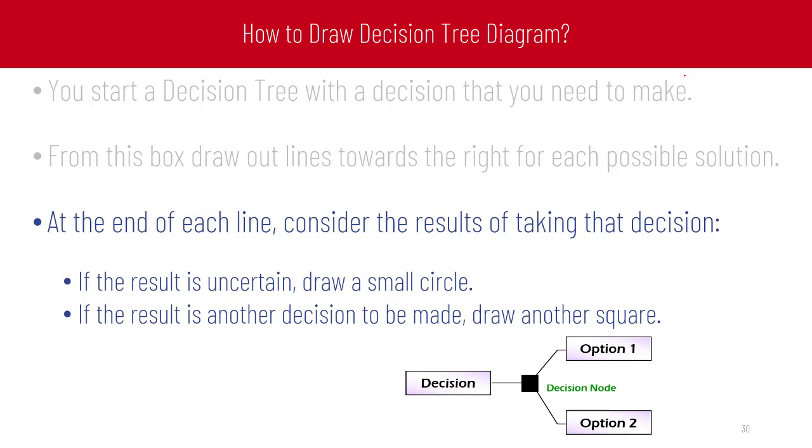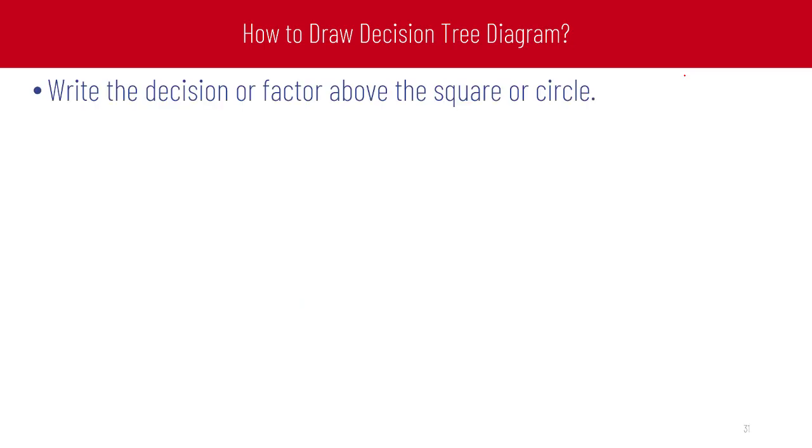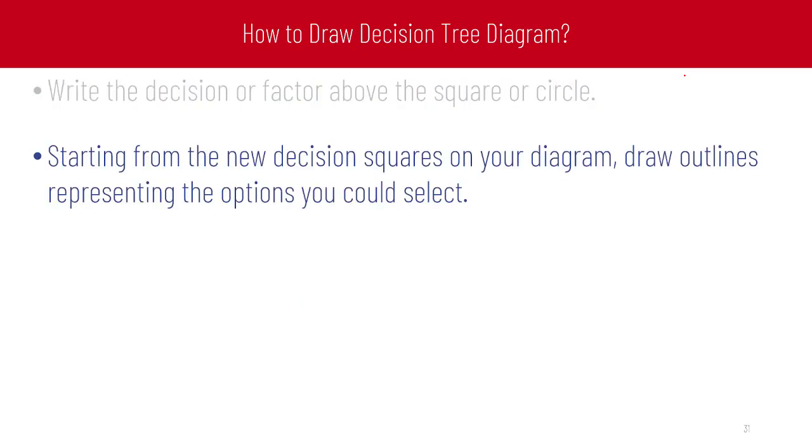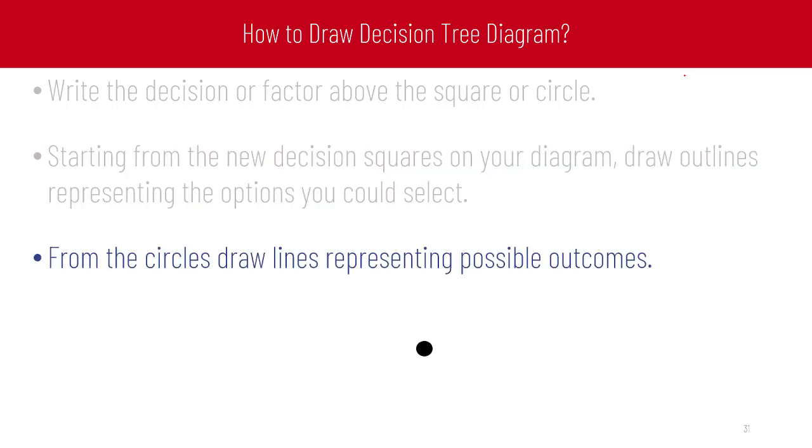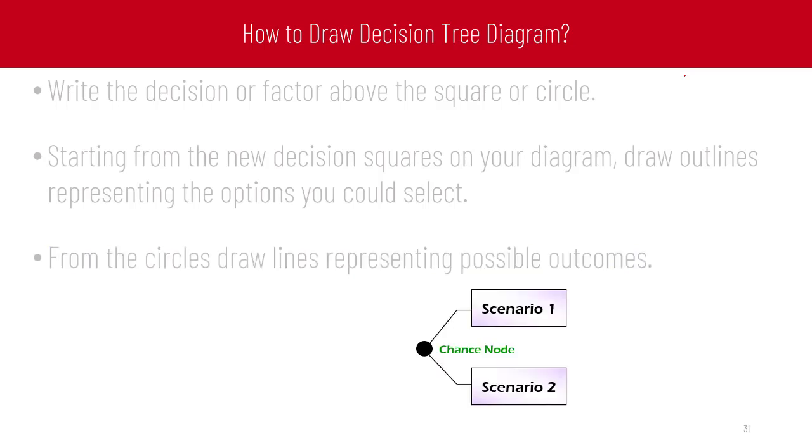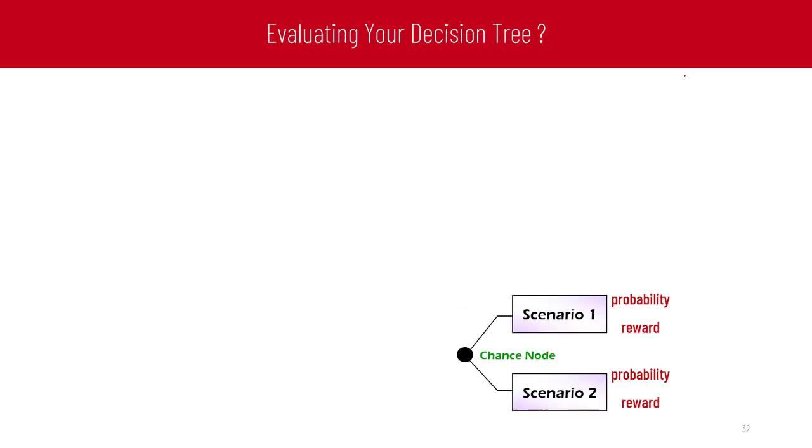If the result is another decision to be made, draw another square. Write the decision or factor above the square or circle. Starting from the new decision square on your diagram, draw outlines representing the options you could select. From the circle, draw lines representing possible outcomes, as seen in this figure.